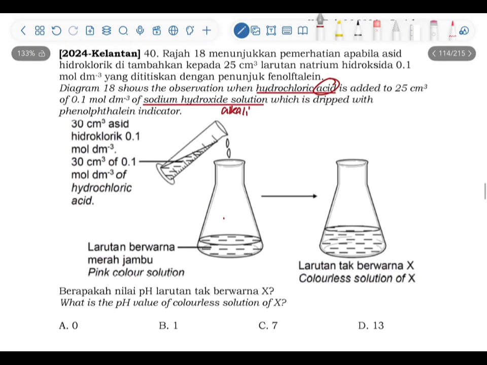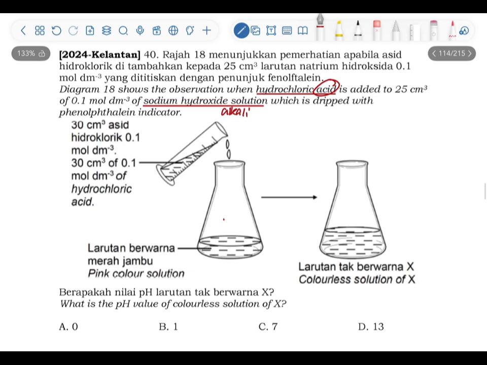This is the diagram for it. So we know that when alkali reacts with acid, it will produce salt and water. So water is neutral, so it has a pH value of 7. And then salt is not acid or alkali, so for sure it will also have a neutral pH.